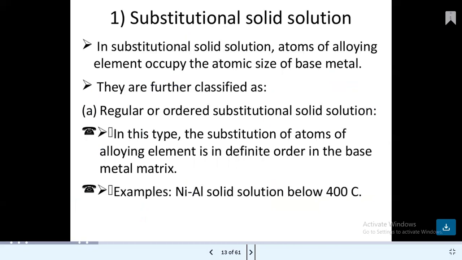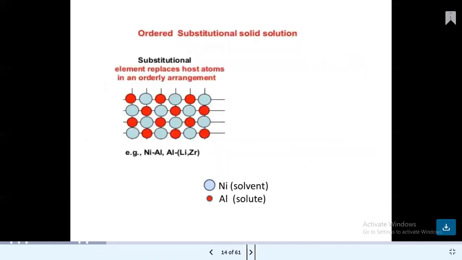In substitutional solid solution, atoms of the alloying element occupy the atomic sites of the base metal. First is the regular or ordered substitutional solid solution. In this type, the atoms of alloying elements substitute in a definite order in the base metal matrix. Example: nickel aluminum solid solution below 100 degrees Celsius.